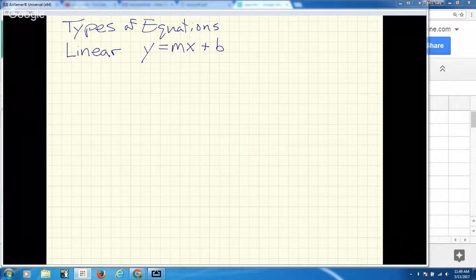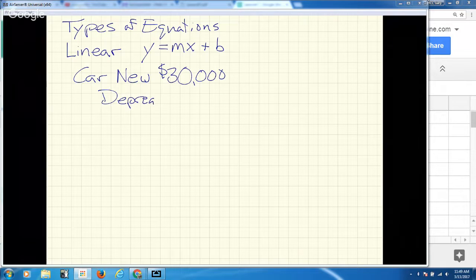Example of this, suppose I have a car that when it's new is worth $30,000, and that it will depreciate by a constant amount. So instead of a percentage per year like we looked at before, we also looked at a constant amount.